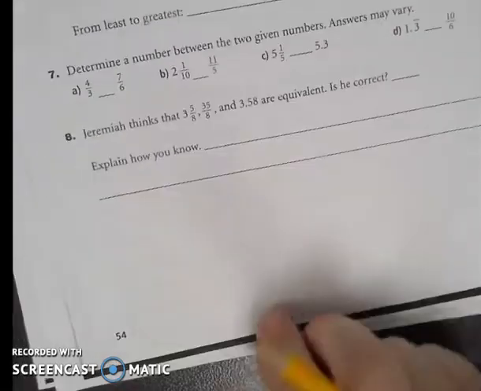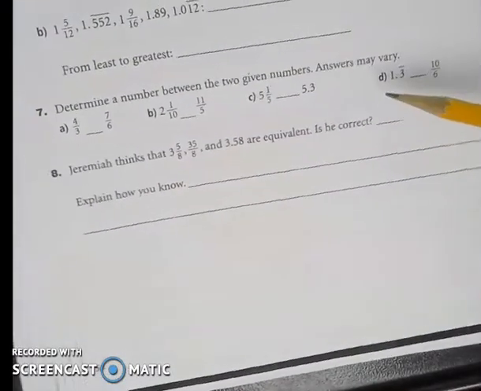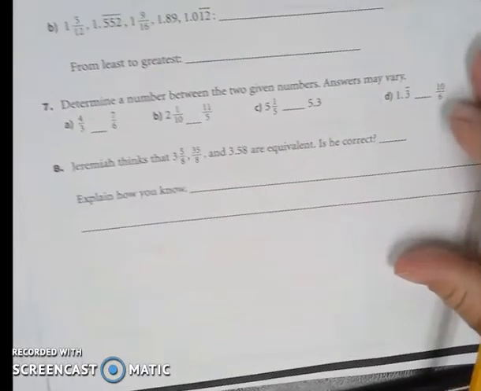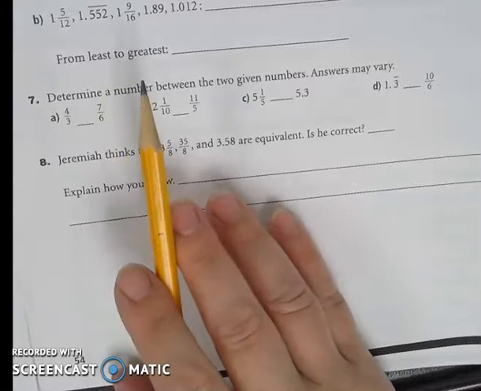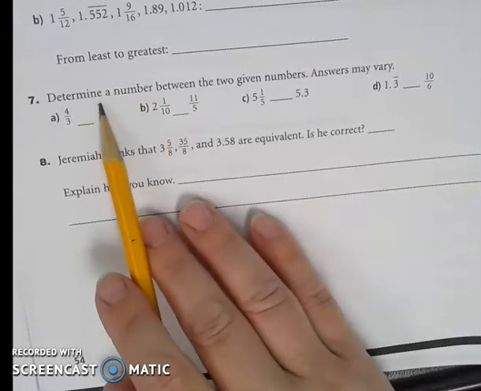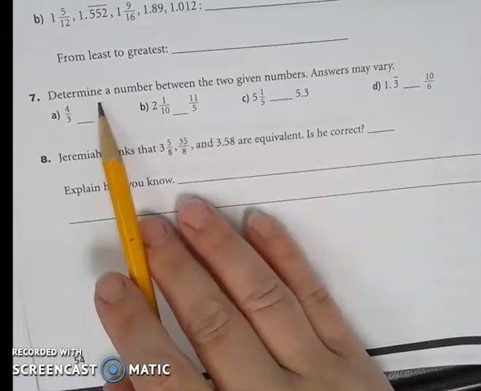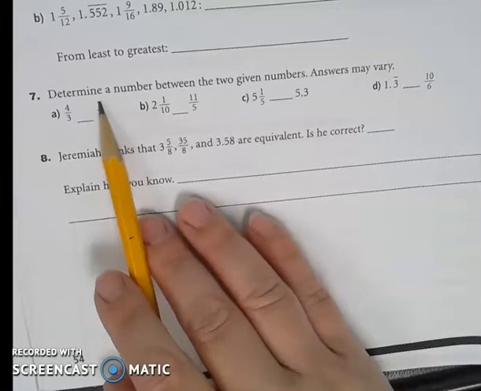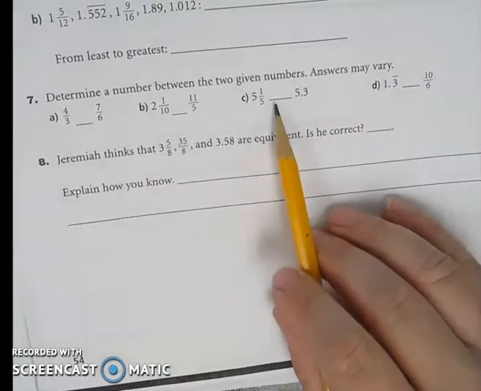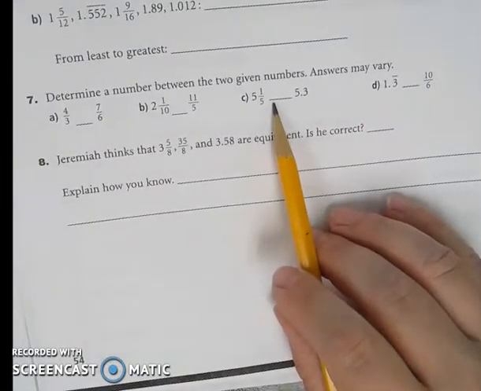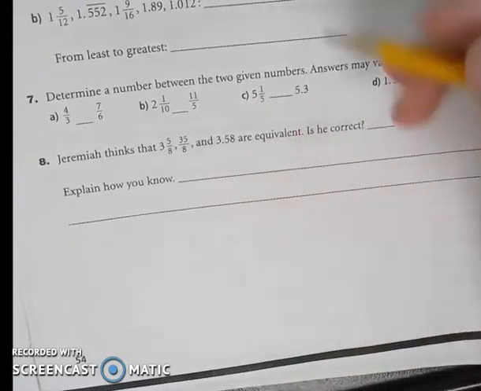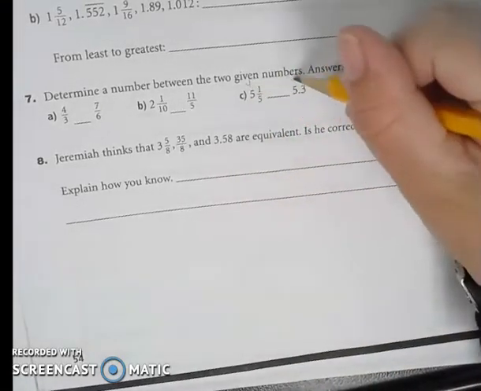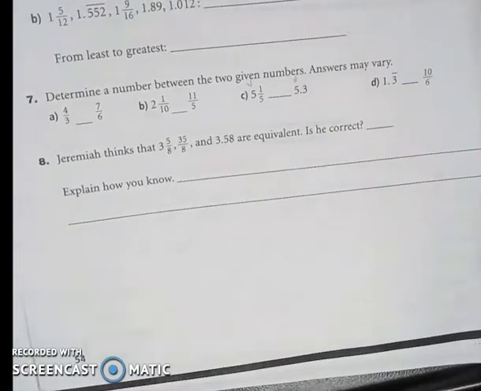This one says to determine a number between the two given numbers. So what it's asking you to do is say, what's a number in between 4/3 and 7/6? Let's see. I always say let's figure out a harder one. So let's go with this one. Let's put it into something equivalent. We see that a whole 5 and a whole 5, those are the same sort of thing.